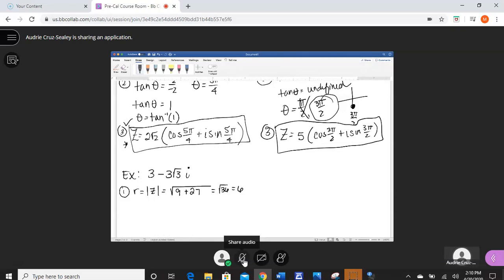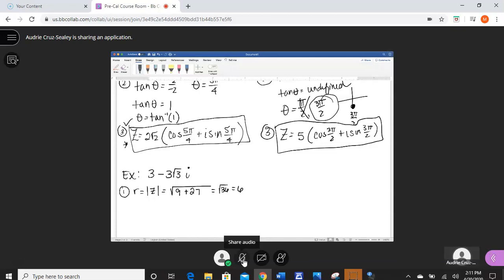Anybody find theta? No. Neither of those sound like angles. Good job, Garrett. 5 pi over 3. Sounds good.